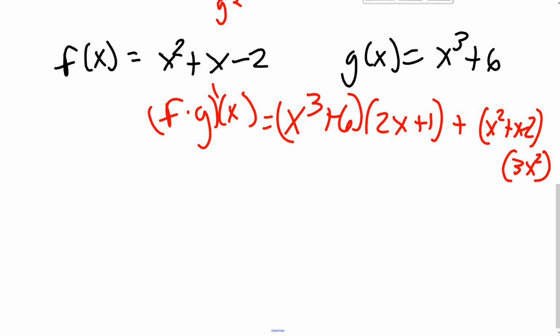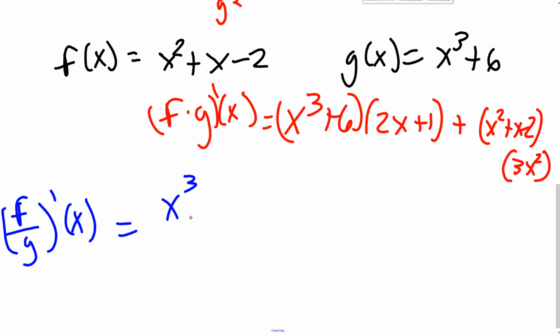So division, f divided by g of x, would be taking the derivative of the top or the second. You can mix the two. So this one matters what you do first.